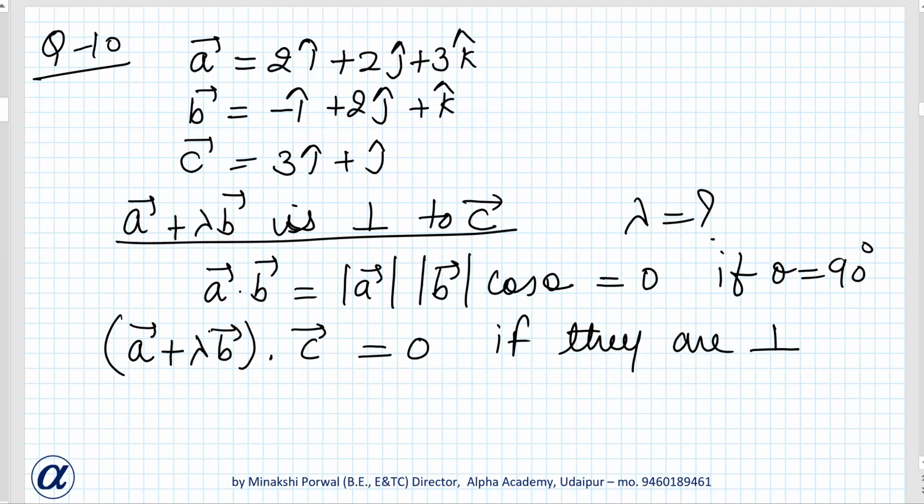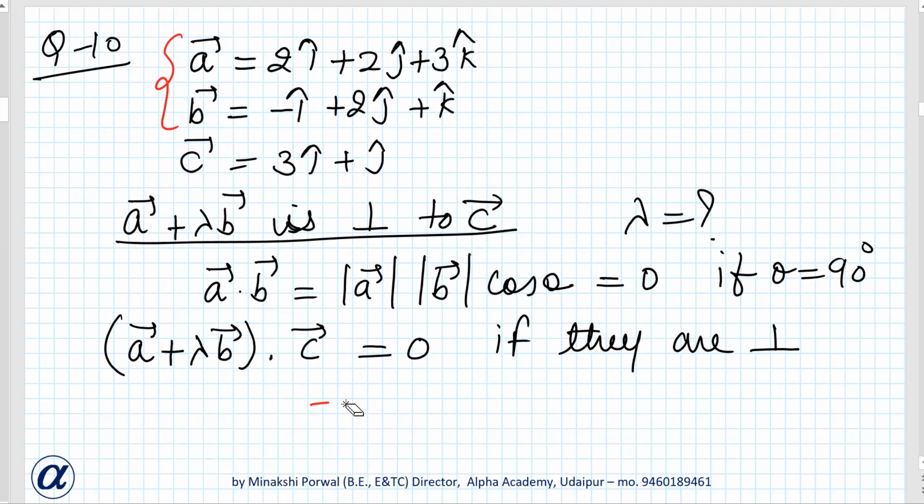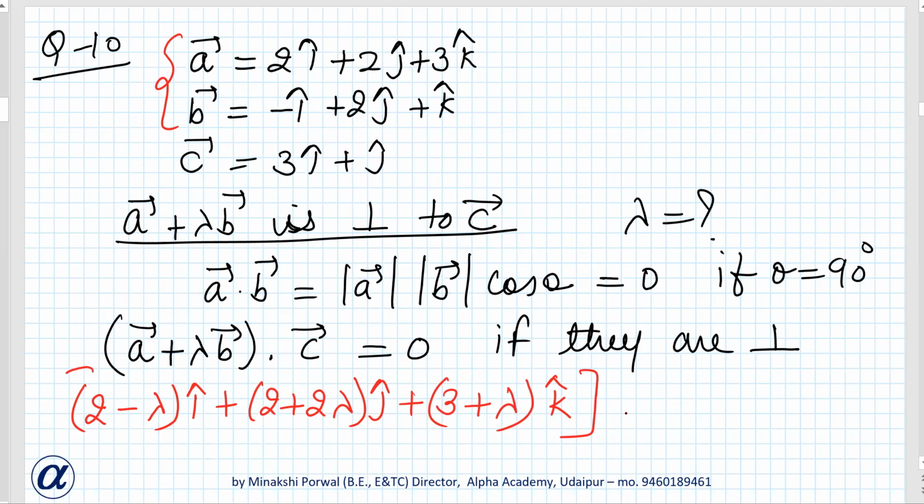Yes, ma'am. Okay, now a plus lambda b can be written as 2 minus lambda i plus 2 lambda j plus 3 plus lambda k, dot 3i plus j equals 0. Sorry, we had not taken lambda at first.